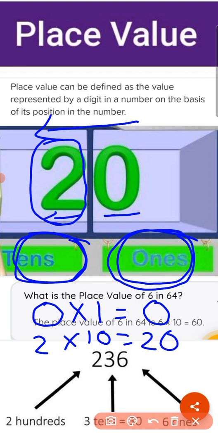Now, we have to find the place value of 0 and 2. Since 0 is in ones place, multiply 0 by 1. So, the place value of 0 is 0. 0 into 1 is 0. Okay. When we multiply 0 by any number, the answer is always 0.